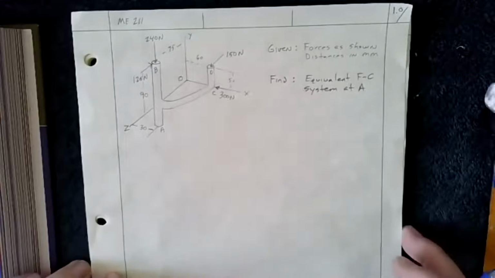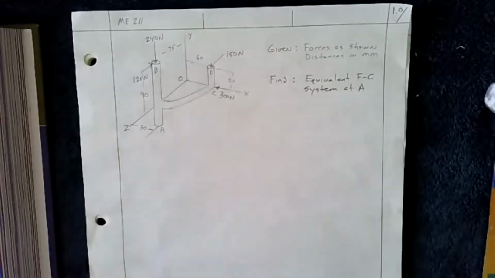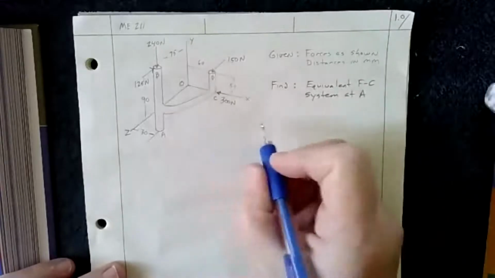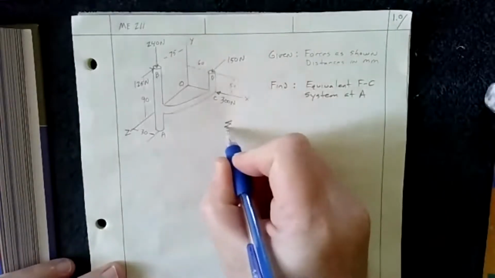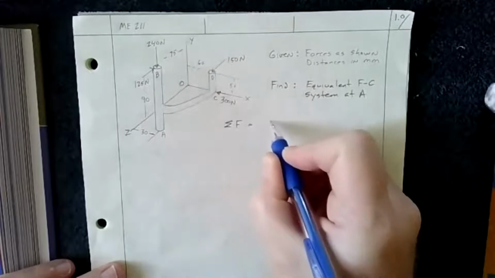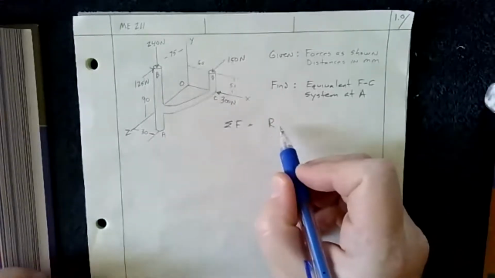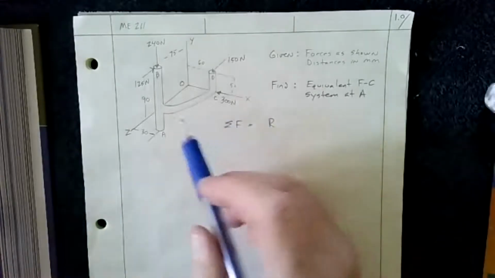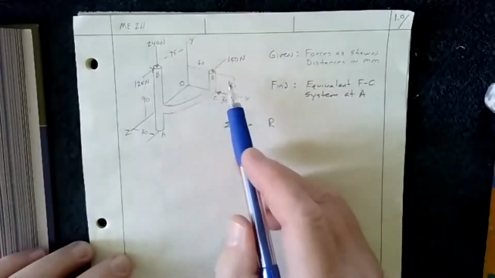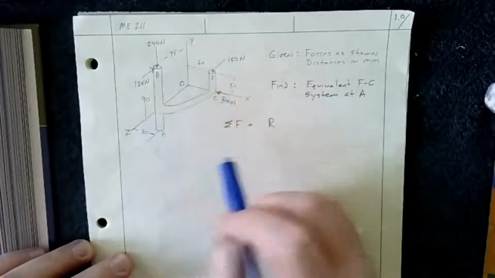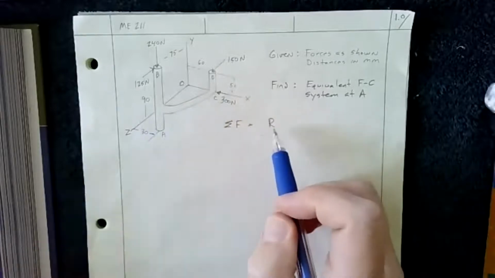As we know, we want to have the sum of all forces. That gives us our R. So we want to figure out what is R, so let's do that first. We have the respective forces at respective locations, but the points don't matter because we're just looking at the directions.